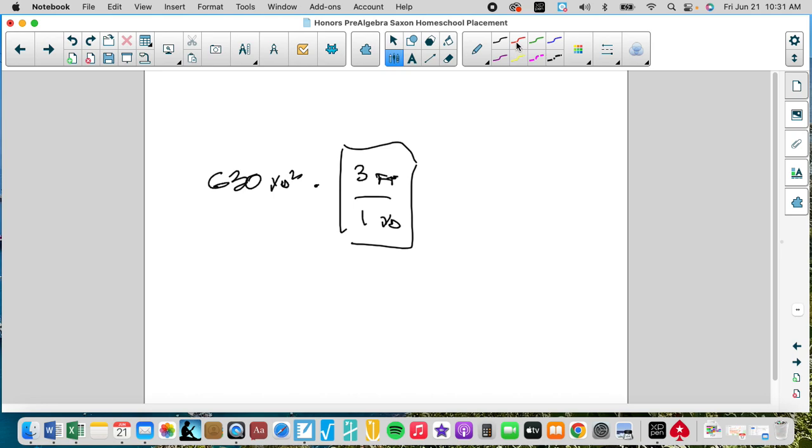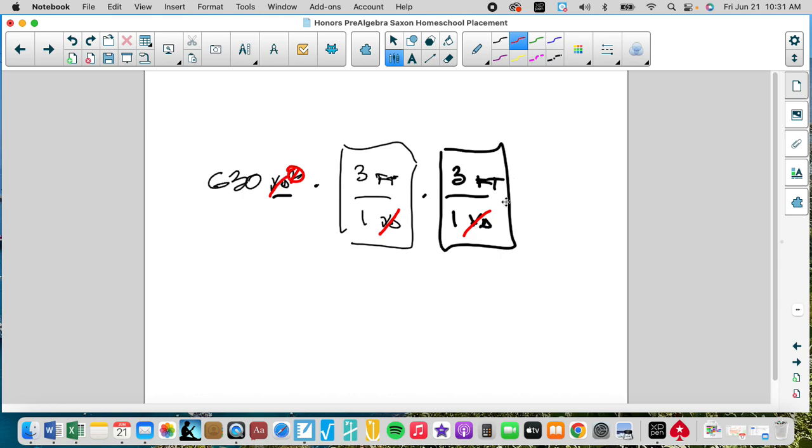But notice this cancels only 1 of the yards. So you're still in yards, and you'd have to do it again. I think that's very inefficient. So you would do 1 yard again and 3 feet, because you still have that 1 more yard. Now we can cancel that, and now you're in square feet because it's feet times feet. To me, that's not as logical.